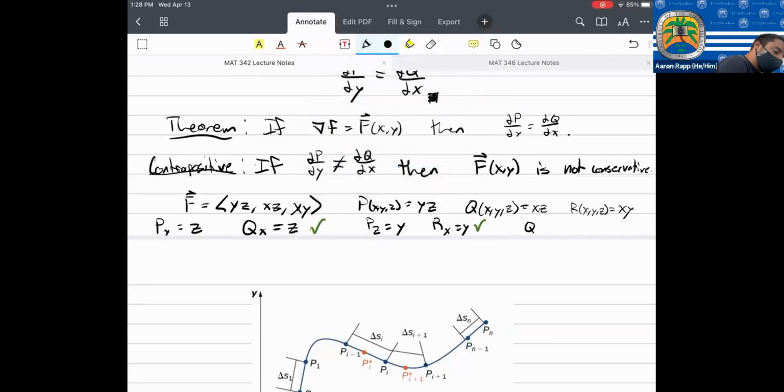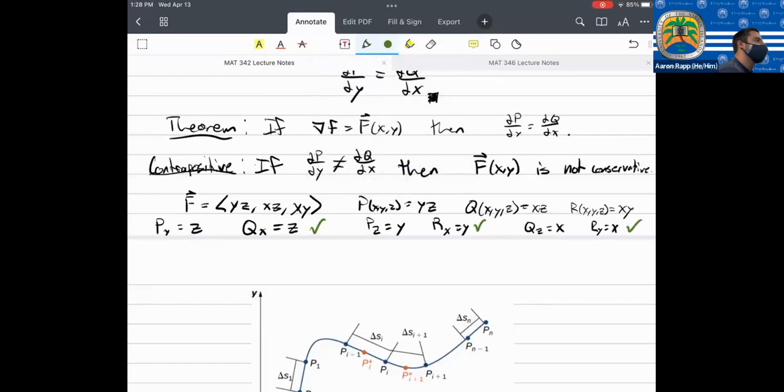And then do Qz and Ry. What is the partial with respect to z of the function q? x. What is the partial of the function r with respect to y? x.